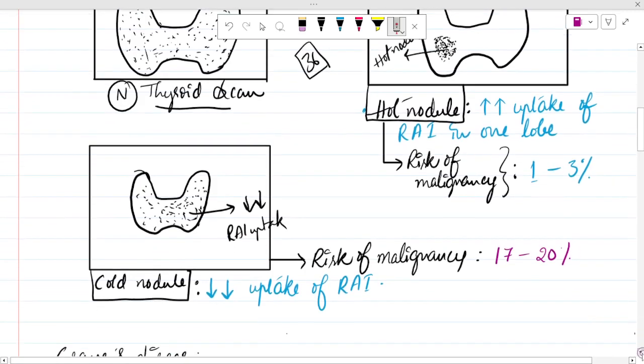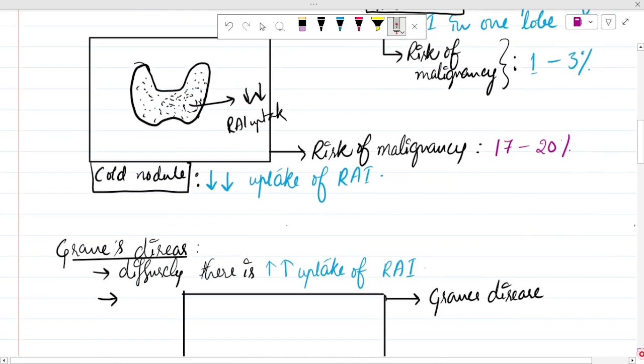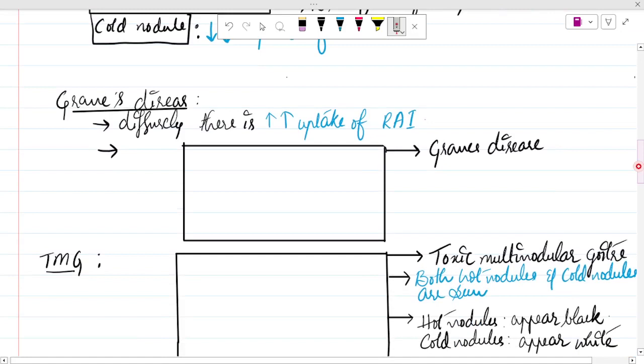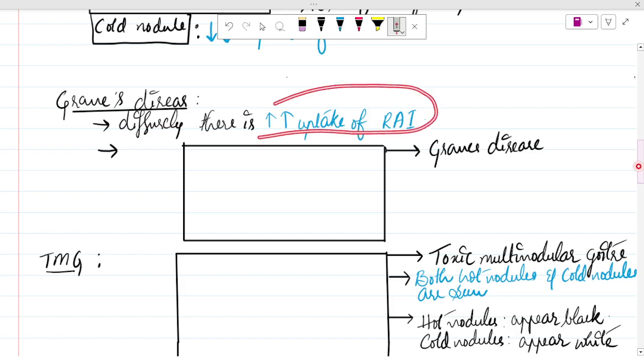Now coming to the next topic, we will discuss some points about one of the most important disorders of the thyroid. The first one is Graves' disease. What is Graves' disease? In Graves' disease, when you conduct a radioactive iodine scan, there is a diffusely spread increased uptake of radioactive iodine.